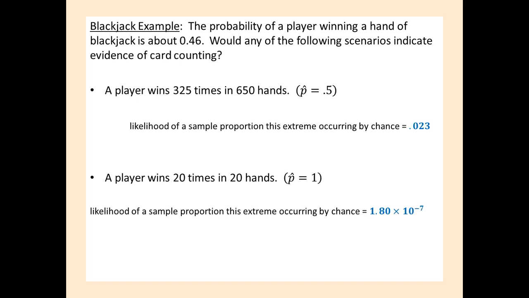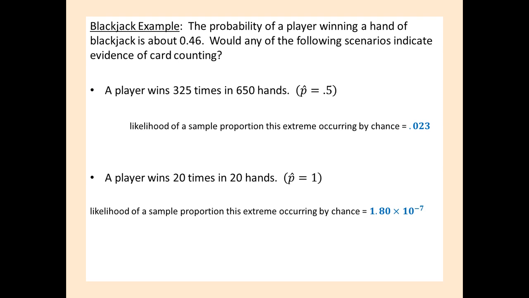That first one, big sample size, the p-hat really isn't that much bigger than 0.46, but here it's that idea with a bigger sample size, you're going to have less sampling variability. So then, in a relative sense, that makes that 0.5 kind of big, and you end up with a likelihood that's relatively low.